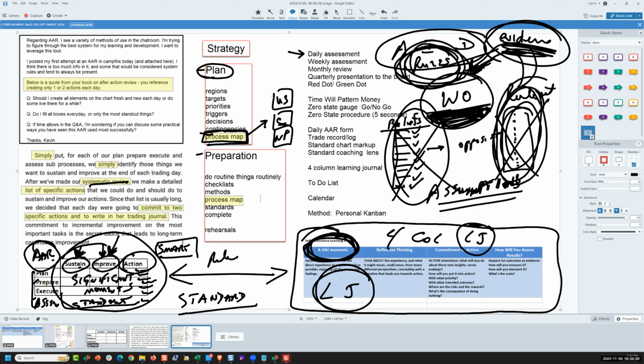And when I go through my market review and daily report review, I'm considering regions and targets, and I come up with a set of priorities. I'm identifying triggers to look for, how I'm going to make decisions, and I do some contingency planning. When I have all that done, and I have a set of actionable targets inside a market context, then I'm done with my planning. So my process map is my standard for how I do that.